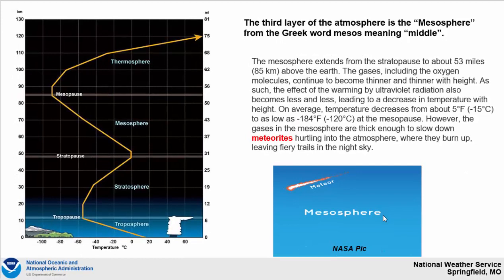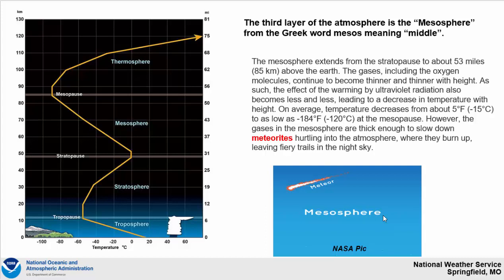The third layer of the atmosphere is the mesosphere, from the Greek word mesos, meaning middle. The mesosphere extends from the stratopause to about 53 miles above the Earth. The gases, including the oxygen molecules, continue to become thinner and thinner with height. As such, the effect of warming by ultraviolet radiation also becomes less and less, leading to a decrease in temperature with height.